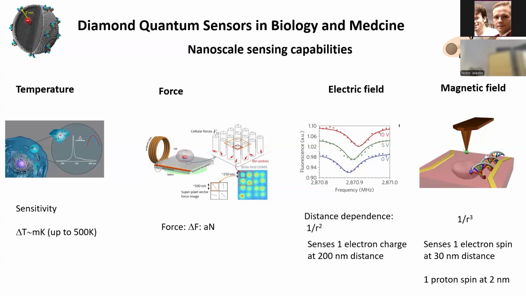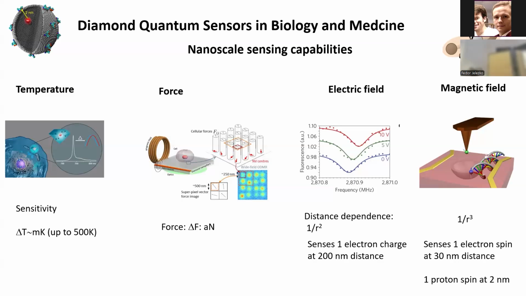So of course, if you have water around, this electric field will be shielded. But if you don't have a shielding effect, then you can measure 1 electron charge at 200 nanometer distance because of this 1 over R squared distance dependence of the field. So you are actually more sensitive to electron charge with an NV center than to electron spins.